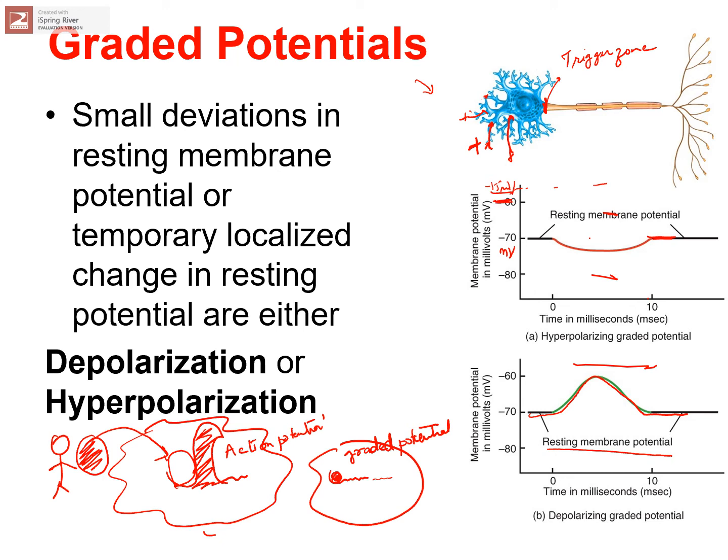And when the cell reaches this threshold, an action potential is generated. But for the most part, graded potentials never even reach the axon hillock. They only go through the dendrite and dissipate across the cell body, and then they are gone.